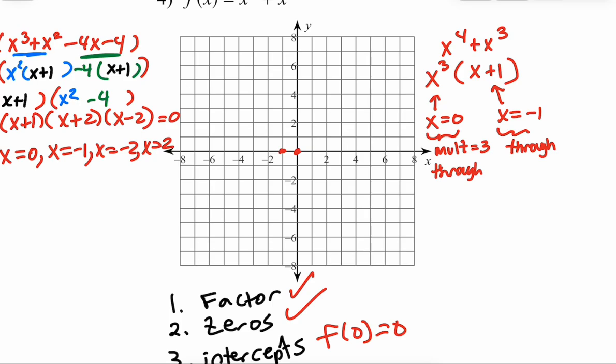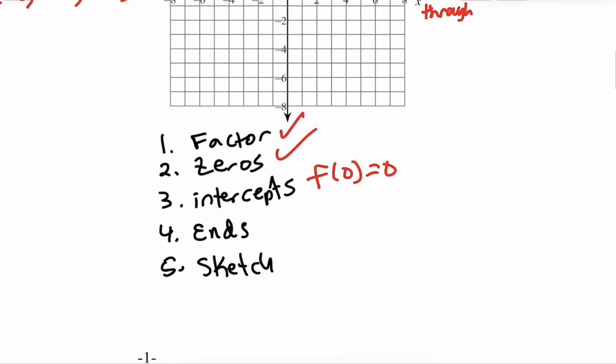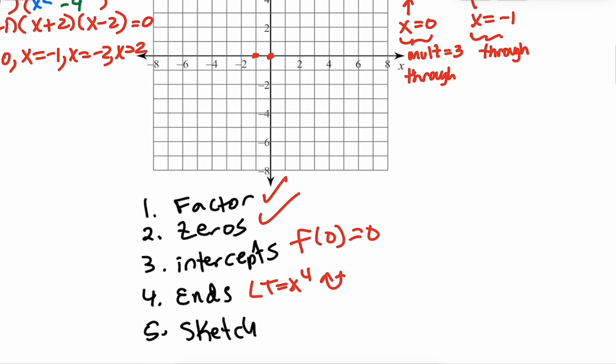That will change that. And then our last steps are the ends. Our lead term is x to the 4th. So both ends are going to go upward. So go to our graph and go like that. Because now we're ready to sketch it.